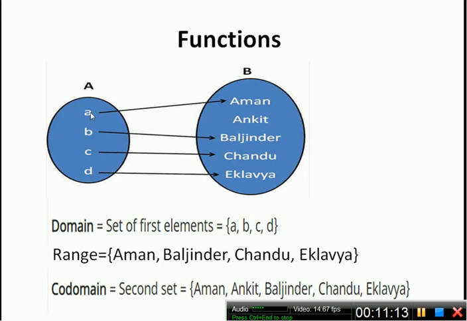A is related to, pointing to Aman, only one image we get. Here also B is pointing to Baljinder, only one image. C has a single image, here also only one image.